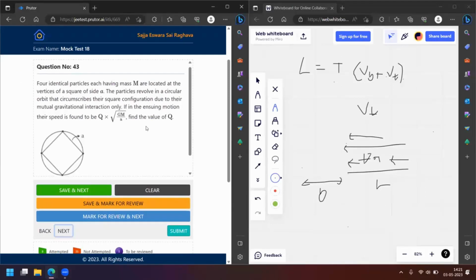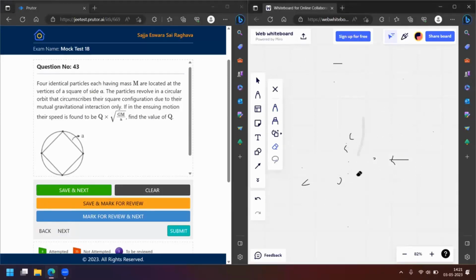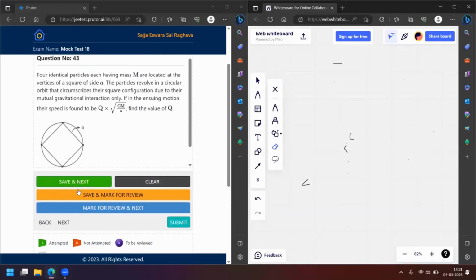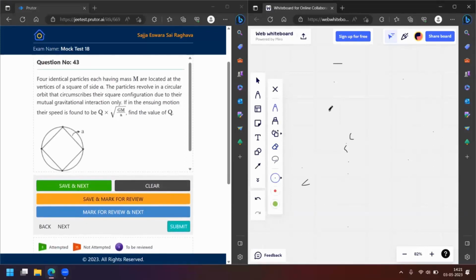Four identical particles are located at the corners of a square, each of which exists. Here, due to the gravitational force, the four particles are moving in a circle. For a particle to move in a circle, you must have a centripetal force. The centripetal force is here provided by the gravitational force. See the FBD of a particle.